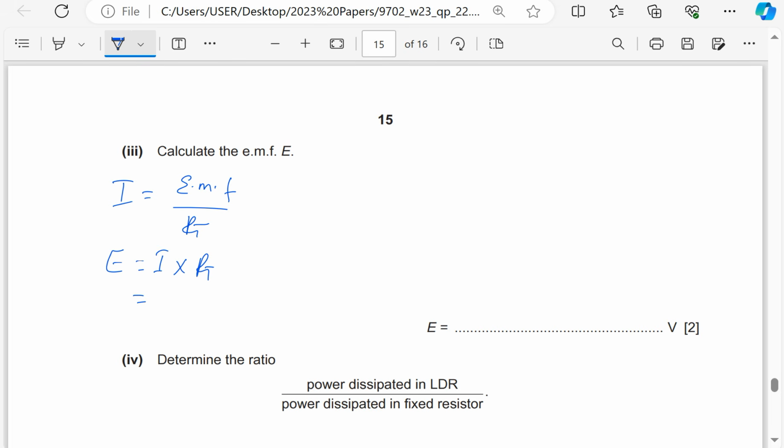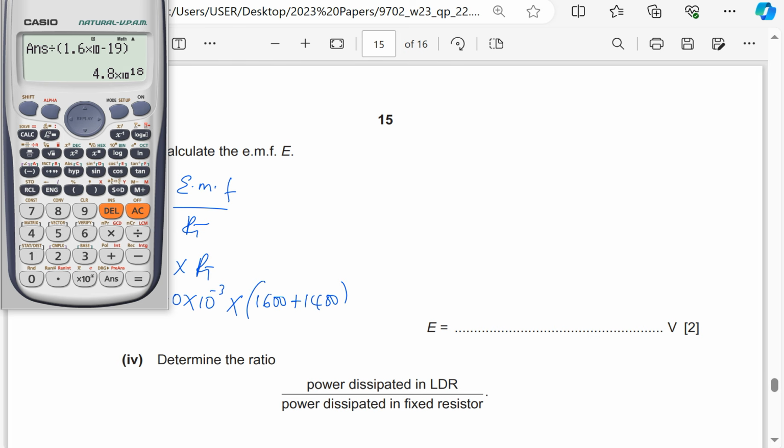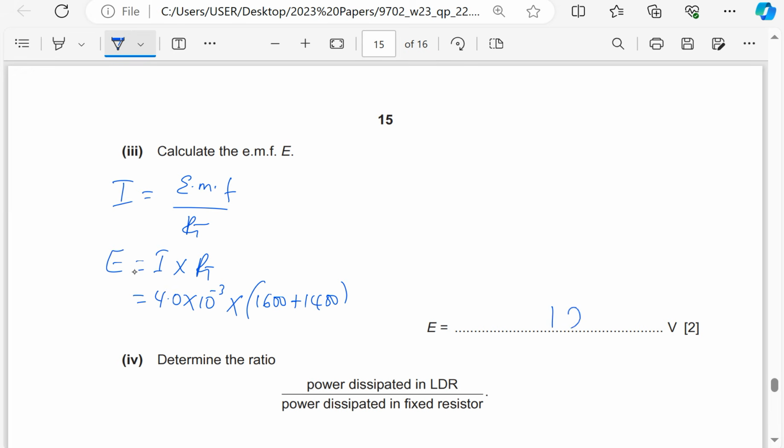The current is 4.0 times 10 to the power of minus 3, because they're in series, the current is the same. Total resistance is the sum, 1600 plus 1400, then times 4 times 10 to the power of minus 3. So the EMF is 12 volts.